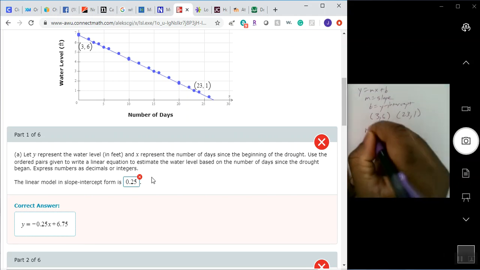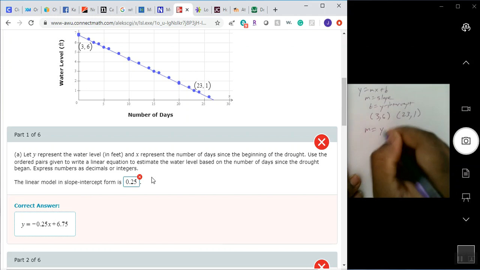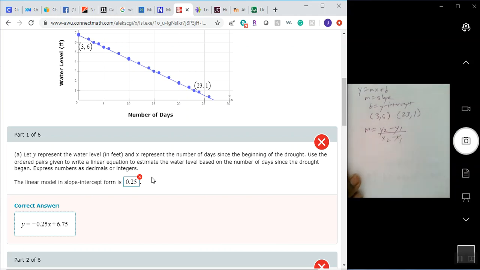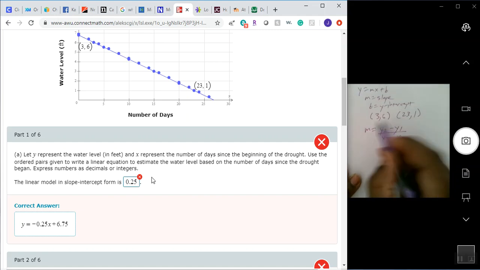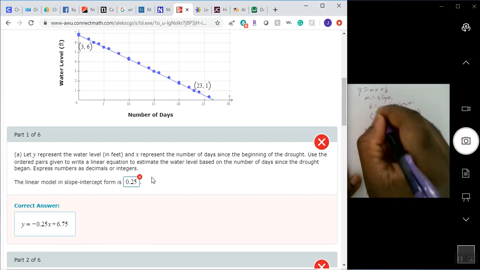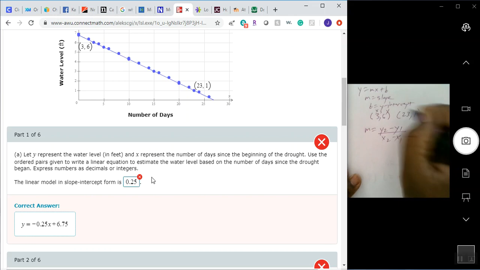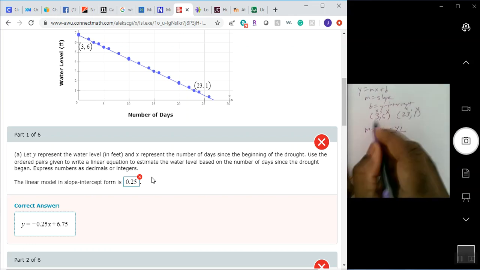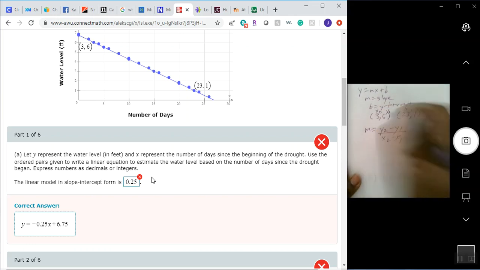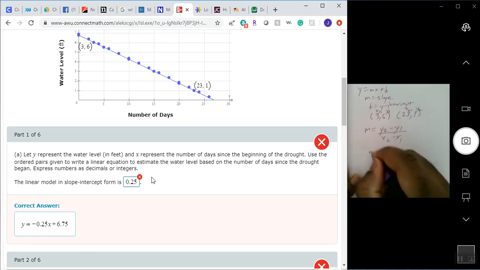So we could do the slope equation, which is y sub 2 minus y sub 1 over x sub 2 minus x sub 1. Remember, with 2 ordered pairs, both ordered pairs have an x and a y. The first ordered pair is the sub 1s, the second ordered pair is the sub 2s. So we substitute.